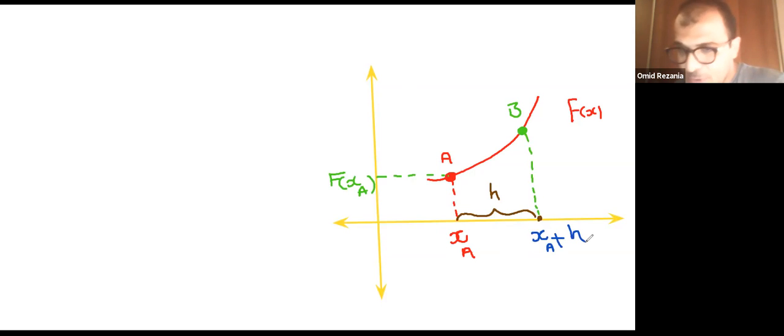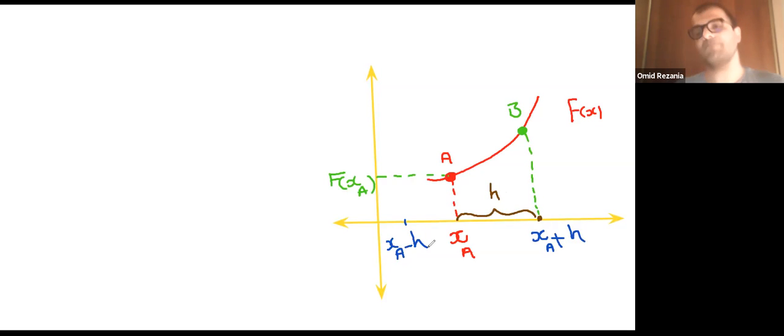Then you have the complete freedom how far you want to move. You can say, okay, h can be 1 meter, h can be 2 meters, h can be any meters, or h can be minus 1 meter. Then it means that you are moving backwards. You, for example, find yourself here. For example, it's going to be XA minus h.